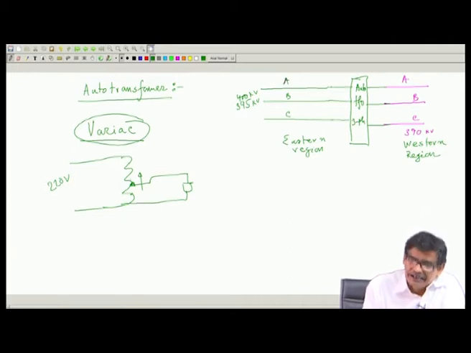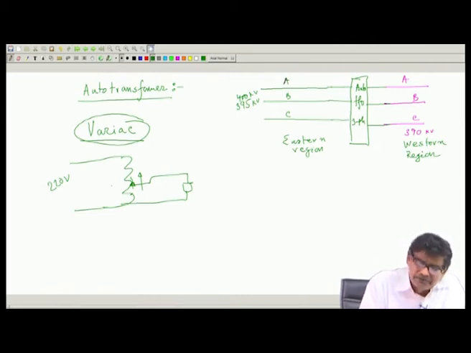A variac is strictly not an auto transformer in the sense that we design the auto transformer to get some economic advantage. Here, nothing like that. You should be prepared. The gauge of the wire throughout is fixed. You must understand this distinction in a variac, laboratory equipment.